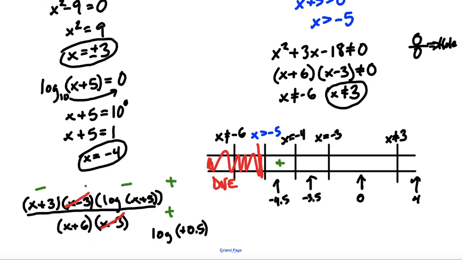Okay, and then let's backtrack here. Let's get rid of those. So now I know that's positive. Now let's put in negative 3.5. Well, that's going to be negative here. And now this is going to be 1.5. So that's fine. That means this is going to be positive. So we got a negative multiplied by a positive, right?